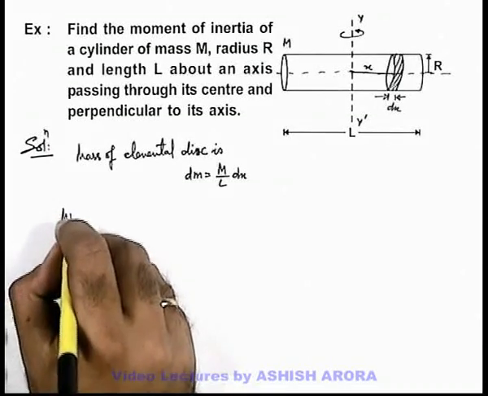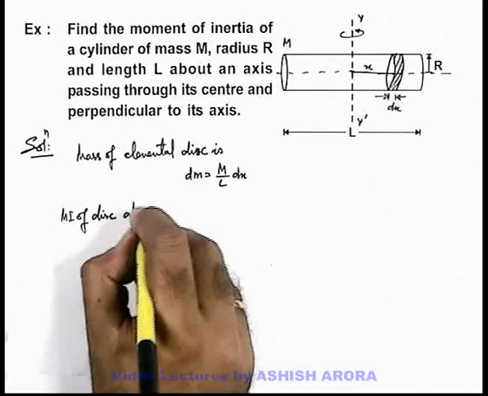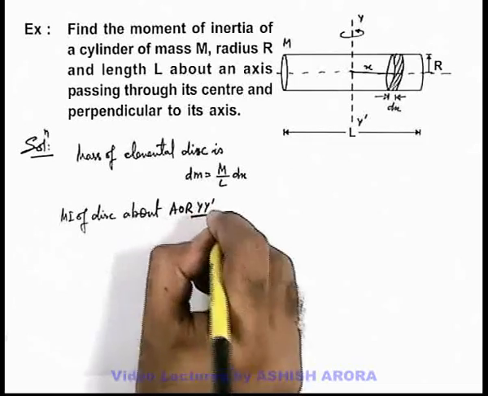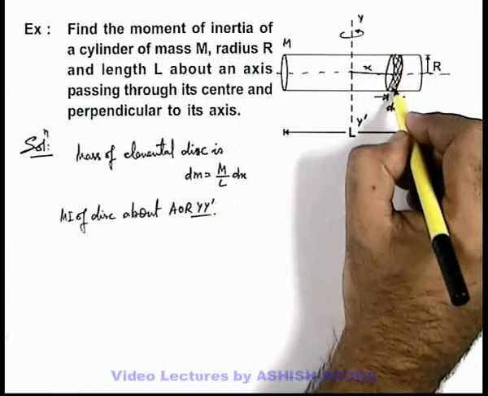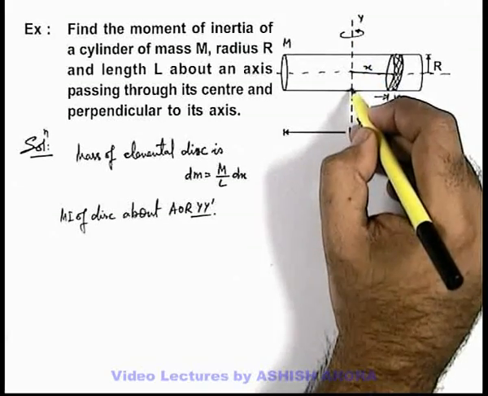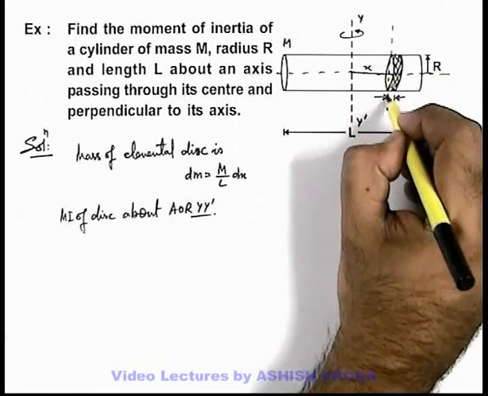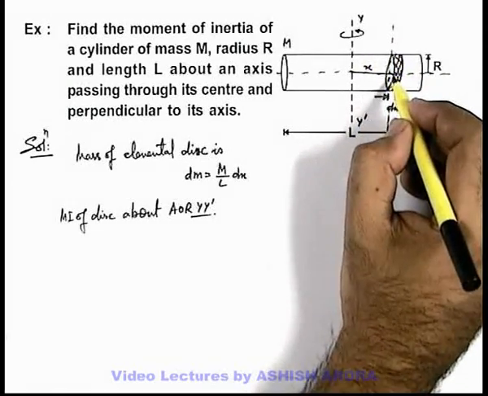Now we find out the moment of inertia of the disk about axis of rotation y. In this situation, for calculation of moment of inertia of the disk about this axis, we'll use the parallel axis theorem, in which first we consider an axis parallel to y and passing through the center of the disk.